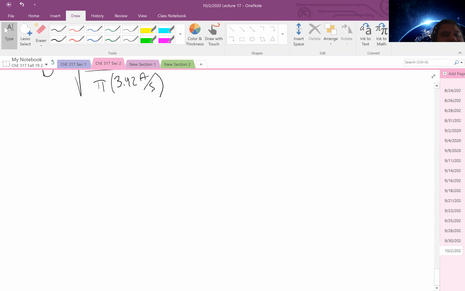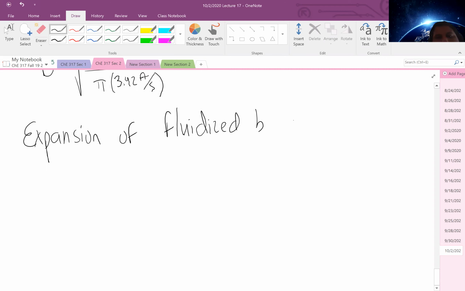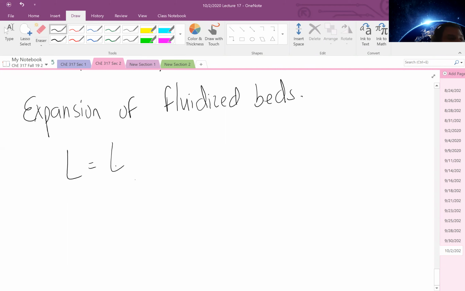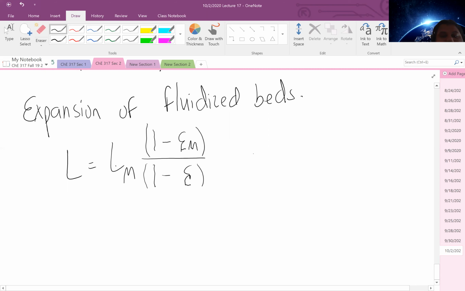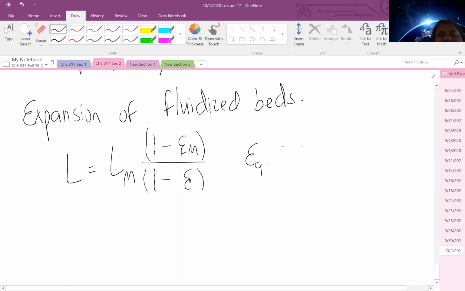One being looking at the expansion of fluidized beds, where if you're looking for a bed expansion length as a function of the bed at the minimum fluidization velocity, L sub m, we can quantify it times the void fraction at fluidization over the current void fraction. This is equation 757 on page 182.